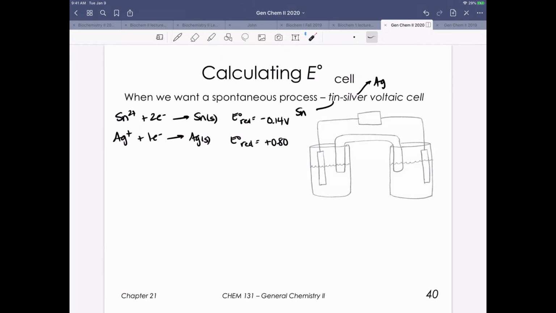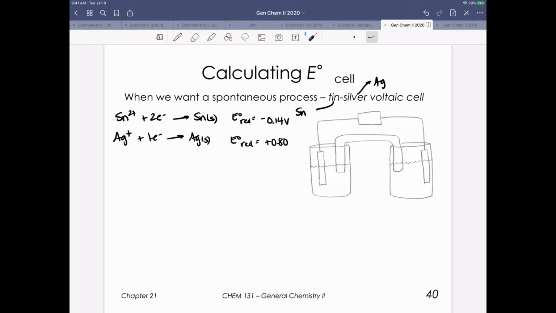All right, so here's the data from Appendix D. If we write these both down as reduction half reactions, we're going to have the tin reaction having a negative standard reduction potential, and the silver reaction having a positive one. So now again, think about which one of these reactions we want to flip in order to have a positive Ecell, and then see if we need to scale either of these reactions to make sure that we'd have an overall balanced redox reaction.